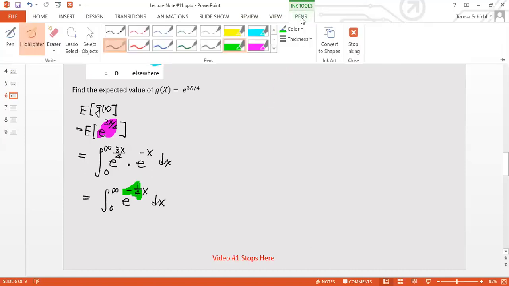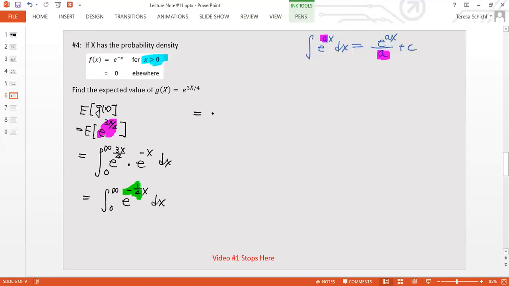So when I try to do the integration, I'm going to have negative 1/4 e to the negative 1/4 x from 0 to infinity, correct? Then you flip it. So this is negative 4 e to the negative 1/4 x, from 0 to infinity.